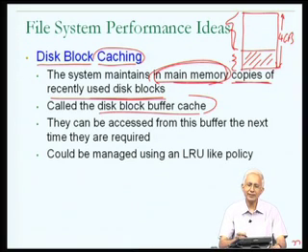We should bear in mind that since there is a trade-off to be played in deciding how big the disk block buffer cache can be, there's a possibility that a replacement policy will have to come into play in managing the current disk blocks which are maintained within the disk block buffer cache. Offhand one might say that in other situations in hardware and in software where replacement had to be done, an LRU-like policy made sense because of the principle of locality of reference.